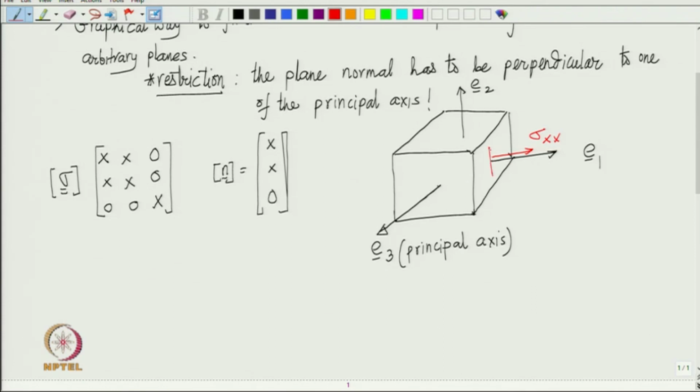So, it has got tau y x, and on the 2 plane we have tau x y, and we know that they are same, and it also has got sigma y y. Okay. And on the third one it is just sigma z z, which is actually lambda 3.